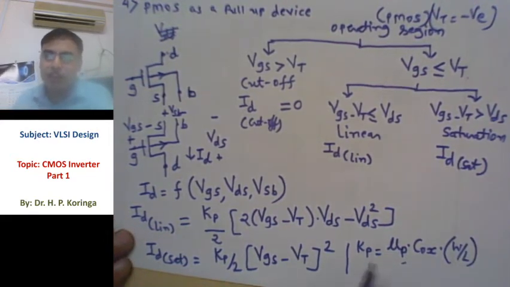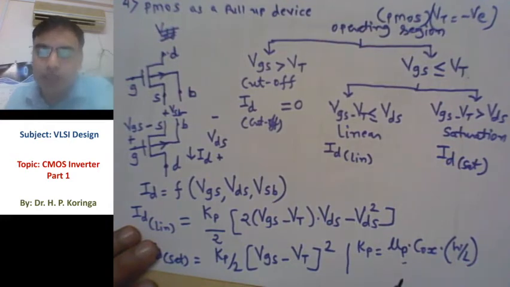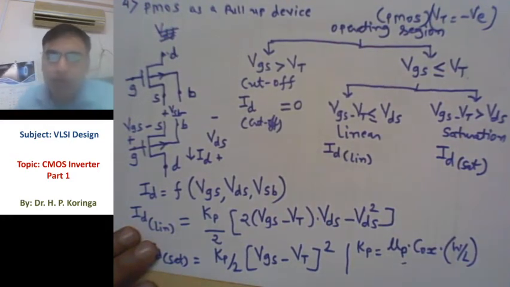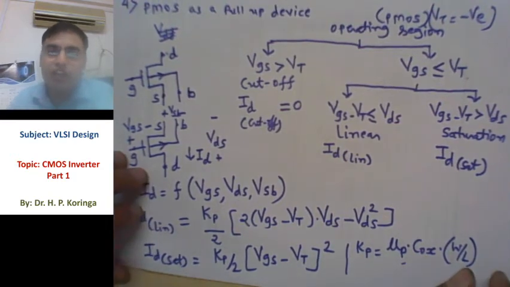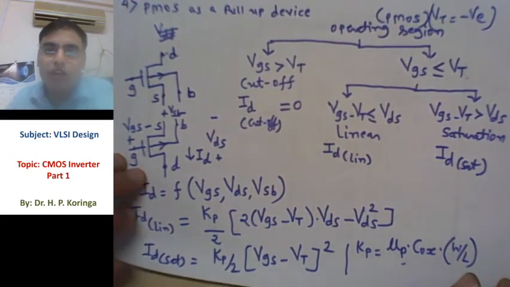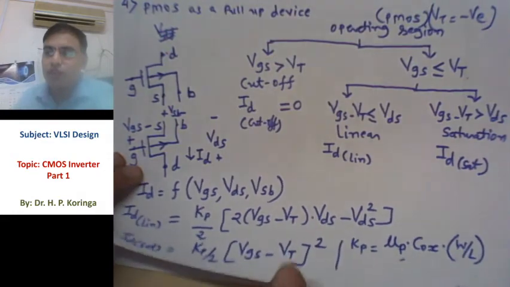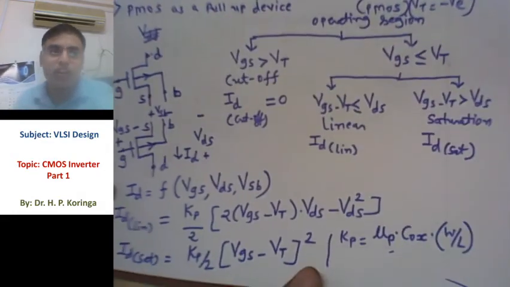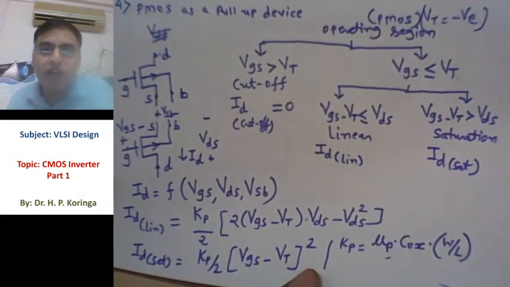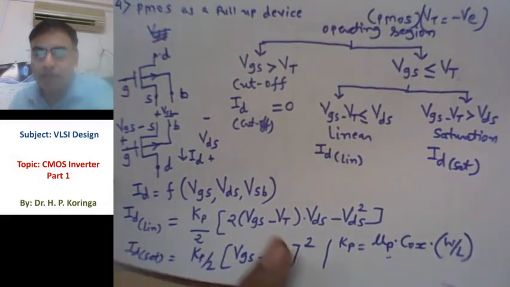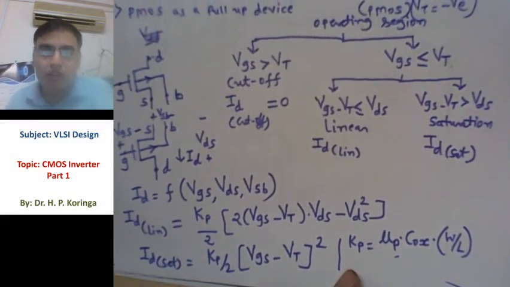So the transconductance of P MOSFET depends on the mobility of hole, because in a P MOSFET the channel is formed due to the holes. So the mobility of the hole charge carrier will affect the ID current. So this is about the P MOSFET.